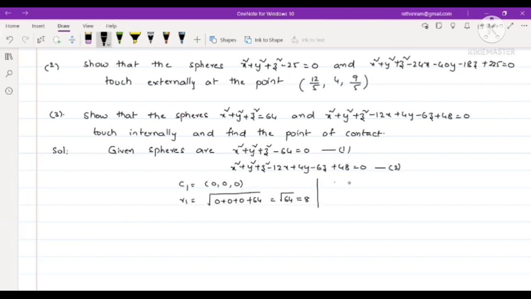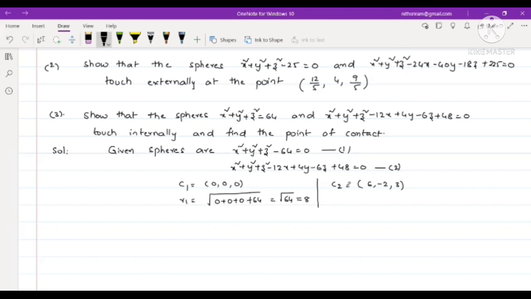Coming to the second sphere, center C2 is equal to: since the coefficient of x is minus 12, we write half of the coefficient and change the sign of the coefficient. It means we write 6. From the y coefficient we write minus 2, and from the z coefficient we write 3.